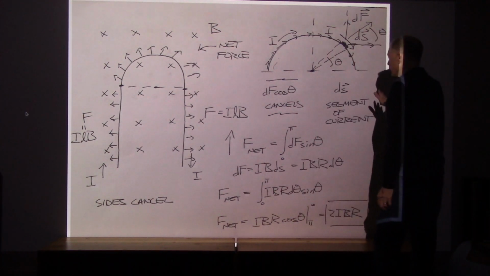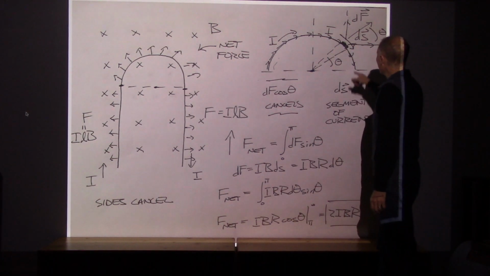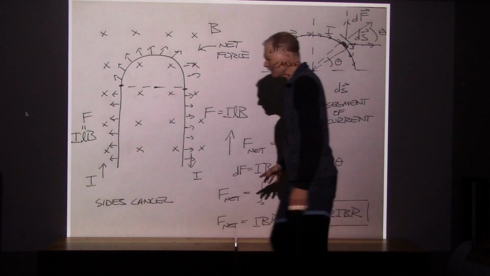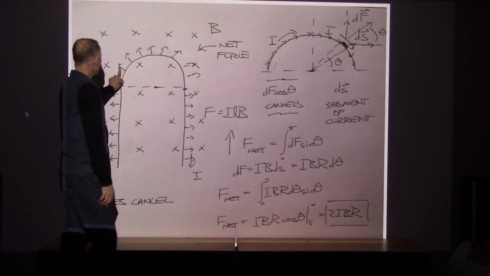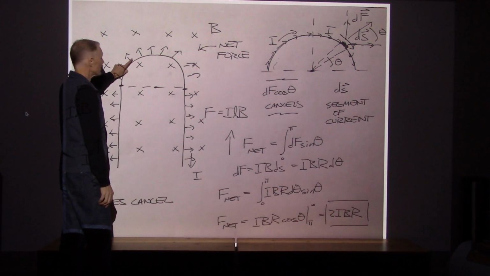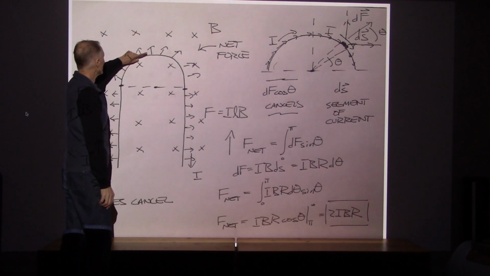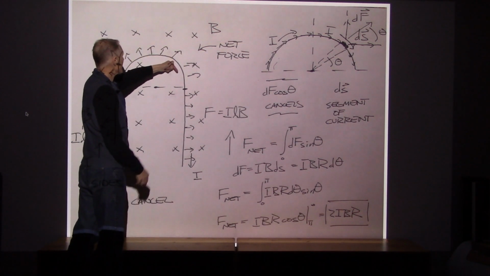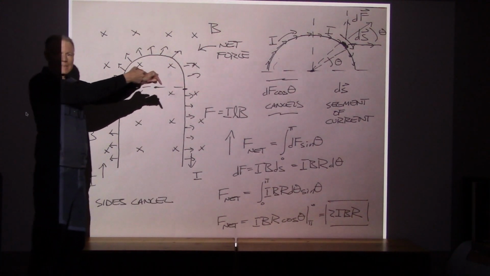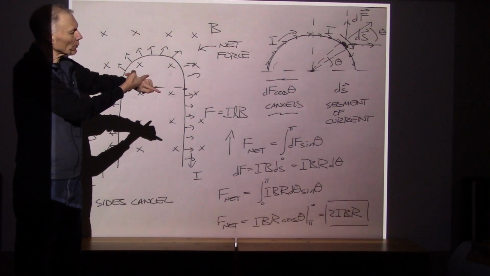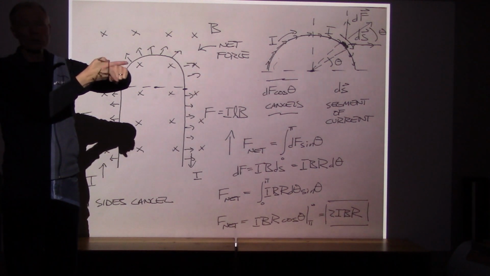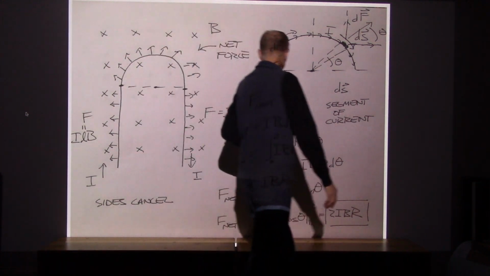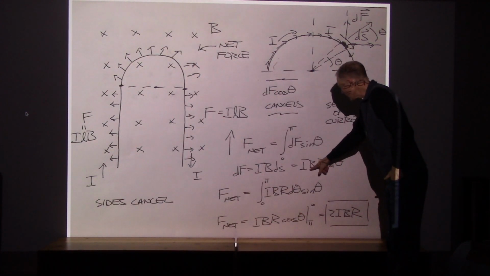I've left off the sine of the angle, the orientation, because everything here is perpendicular. The current direction, the ds's, is like this. It's in the plane of the paper, whereas the magnetic field is into the page. And so at every location, I'm going to have 90 degrees. So I've left the angular factor off my cross product. So I'm getting a factor of IB.